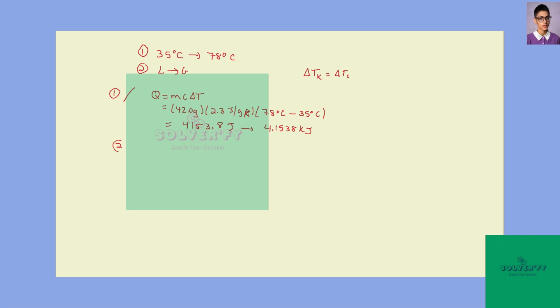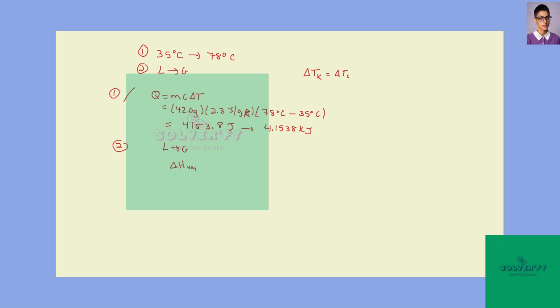In the second step, we are going to be adding heat in order for the phase change. So this is where we are going from the liquid to the gas. We're vaporizing. And so we need to use our delta H of vaporization, which is in kilojoules per mole.